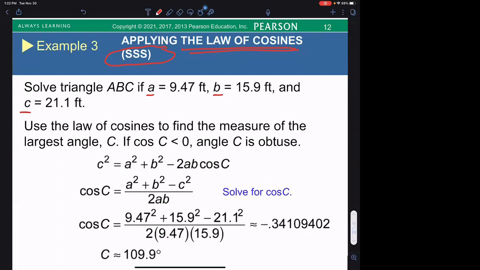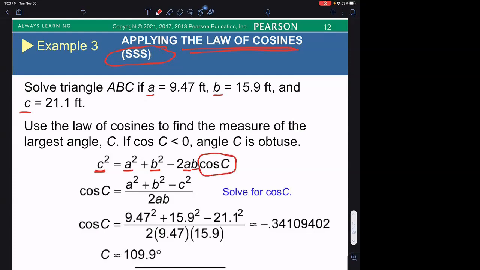Normally, if we're given side angle side, we'd know a, we would know b, and then we would know angle c between them. But if we don't know angle c, and instead I now know side c, well, then the only thing we don't know is angle c, and you can solve for that.